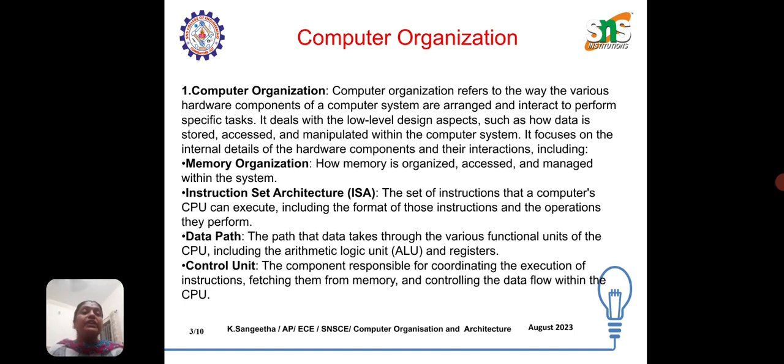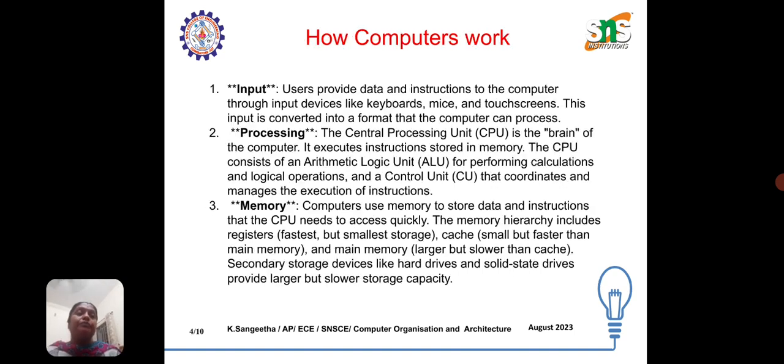Next, the data path is the path the data takes through the various functional units of the CPU, including the ALU and registers. And the control unit is responsible for coordinating the execution of instructions, fetching from the memory and controlling the data flow within the CPU.